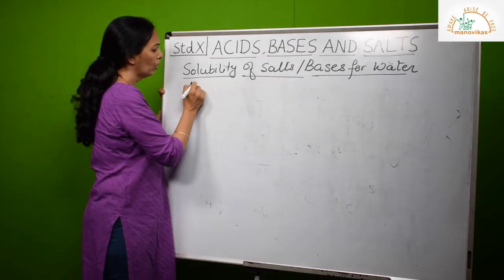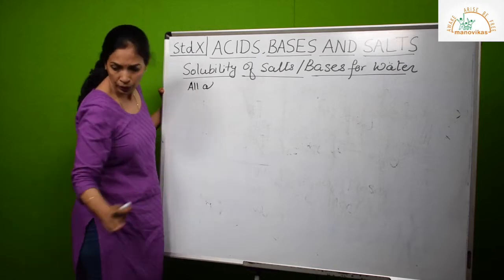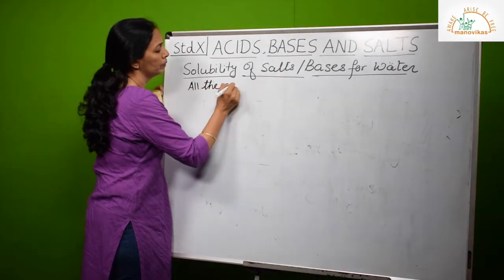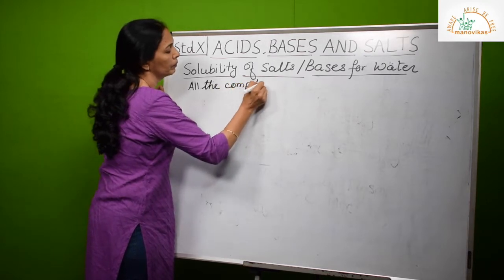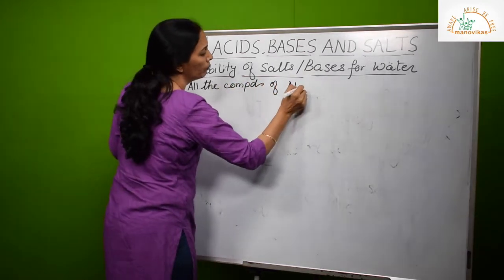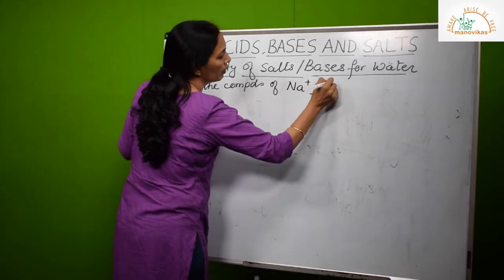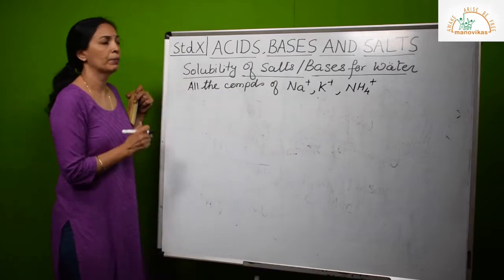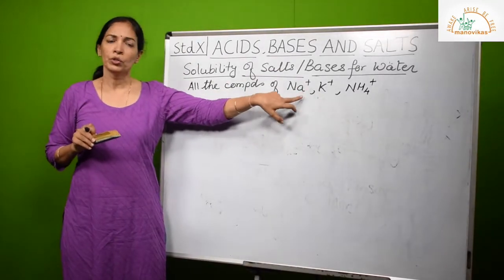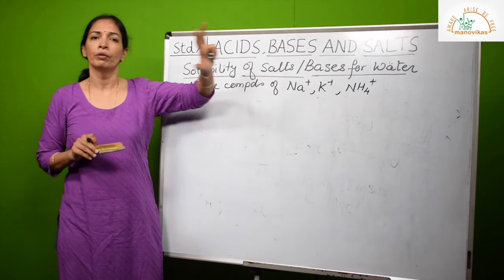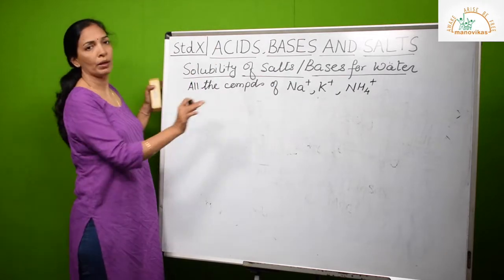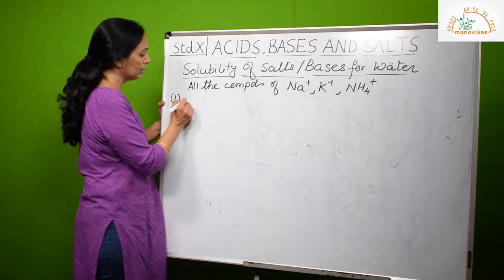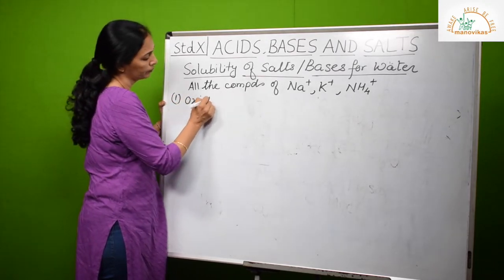All the compounds of sodium, potassium and ammonium are soluble in water. That means any potassium compound, sodium compound and ammonium compound will be soluble. There is no insoluble compound for these three. Okay. Then first we will see oxides.